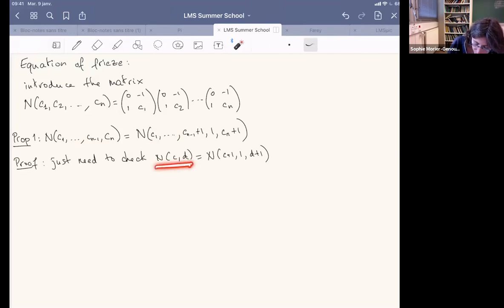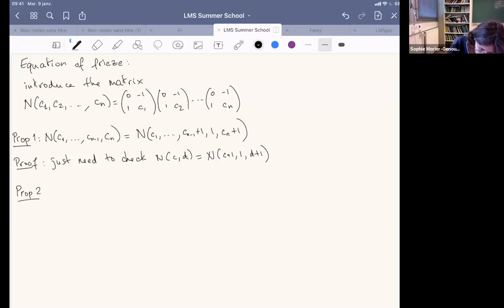I can compute this product of 2. Here it's a matrix defined as a product of 3 matrices. I can compute the product of these 3 and just compare, and you will see that it's the same. So this is proved.